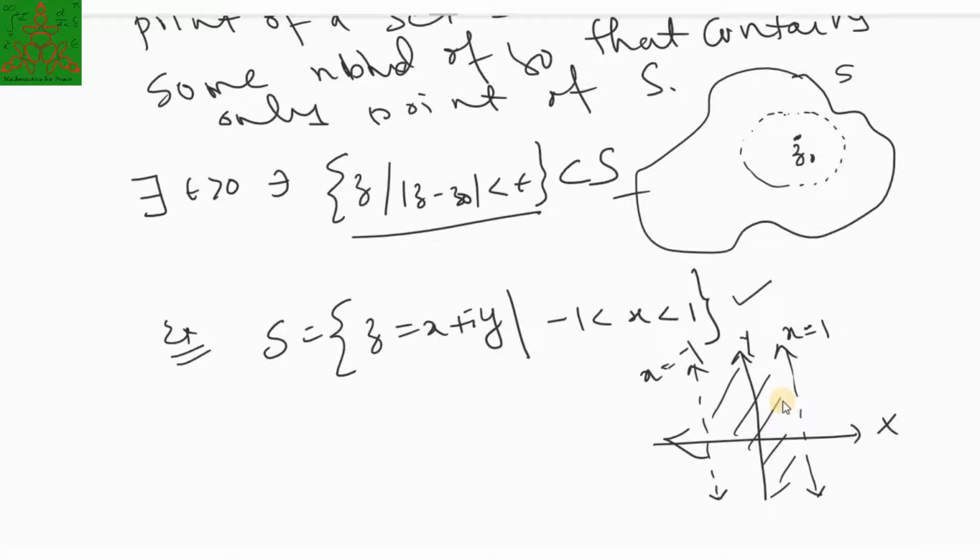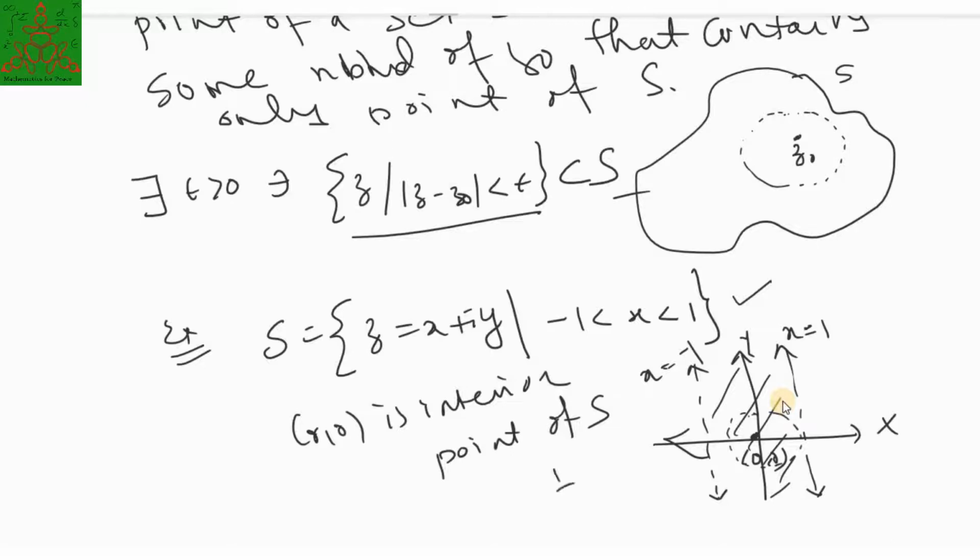And I can say the point (0, 0) is an interior point of S, because if you draw a neighborhood with radius 1 by 2, that whole neighborhood lies inside the set S. So that's why it is called an interior point.